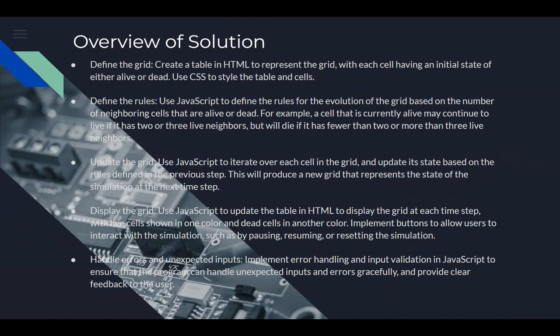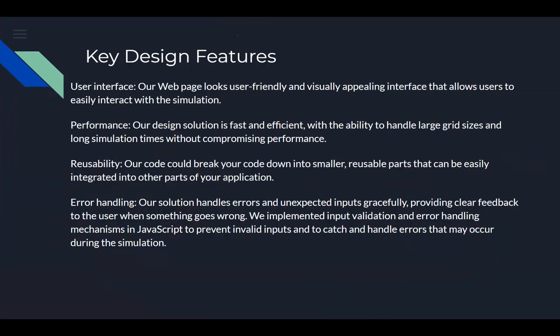We have implemented buttons to allow users to interact with simulations, such as start, clear the board, pausing, and resuming, and handling errors and unexpected input. We implemented error handling and input validation in JavaScript to handle unexpected inputs and errors gracefully and provide clear feedback to the user.